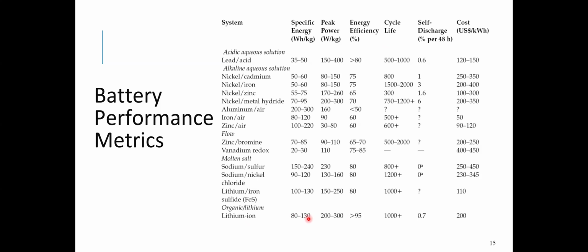Certainly the last 10 to 20 years. If I compare that to lead acid batteries, this is the energy density of the lithium-ion batteries. You see it's double lead acid batteries. Now it's more like 10 times higher than lead acid batteries, because this technology hasn't advanced much, while lithium-ion batteries have.